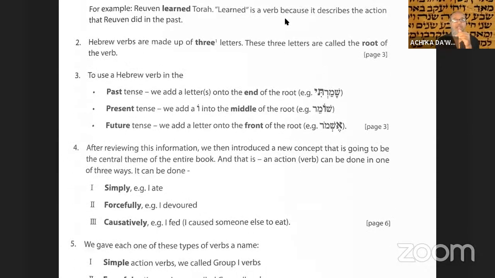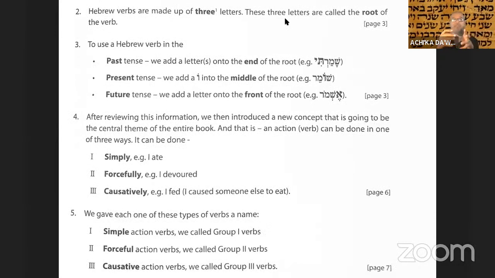They also talked about how you can find out if a verb is in the past tense, the present tense, or the future. And that's basically, where does this letter go? They're trying to simplify how verbs work, which is really very easy. Something that's in the past, they're going to put a letter on the end of that particular 3-letter root.